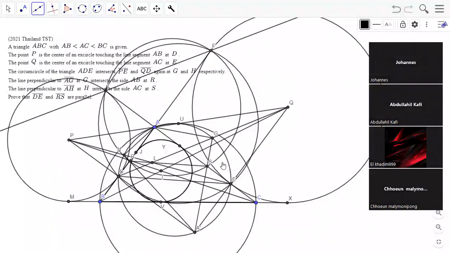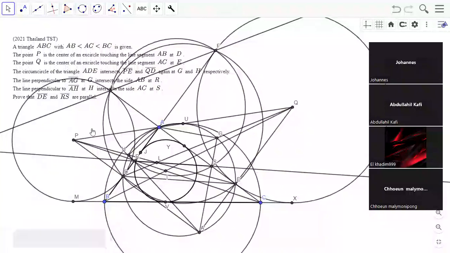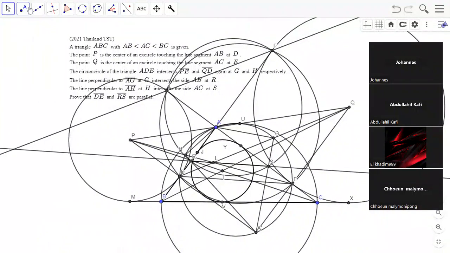Maybe TF, RS, and some other point concur, or some other line concur. Yeah, I don't think so. Doesn't look like it.